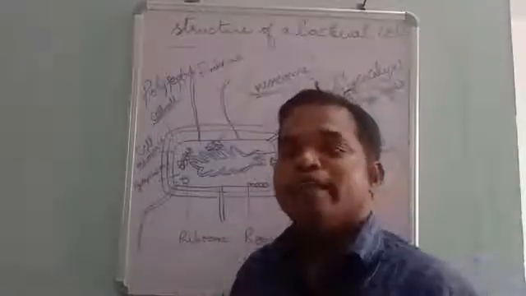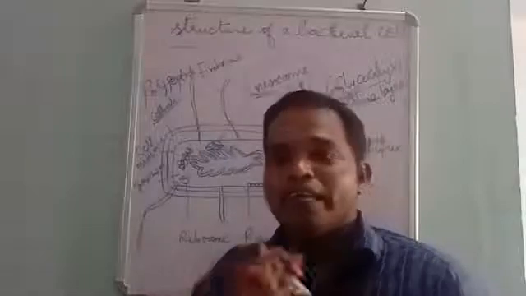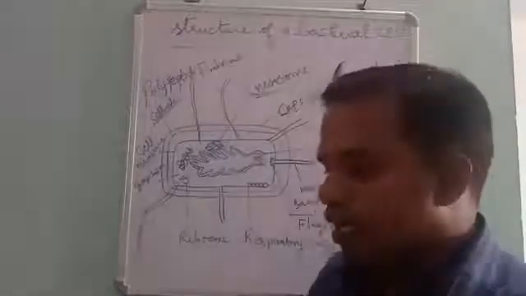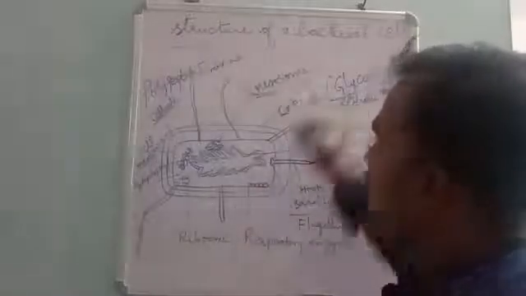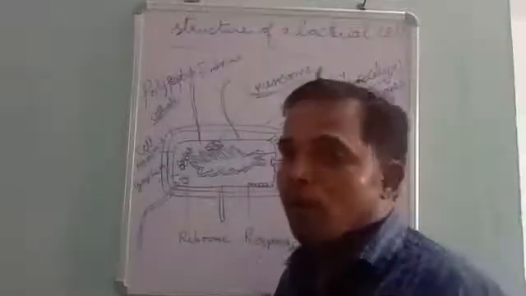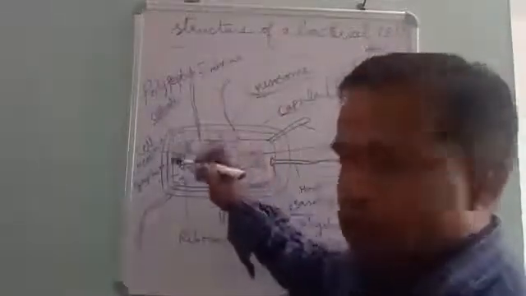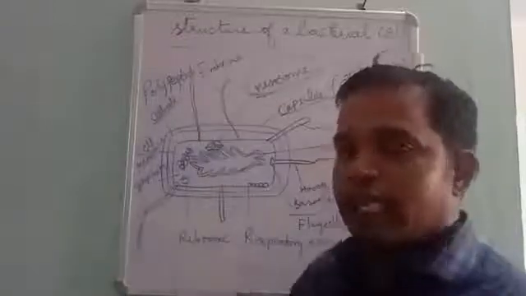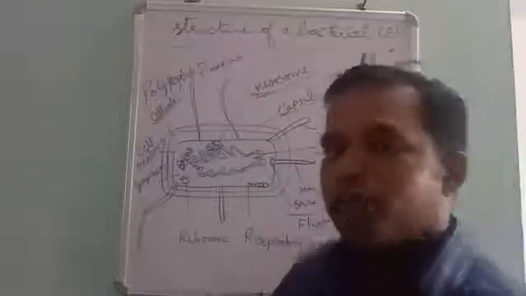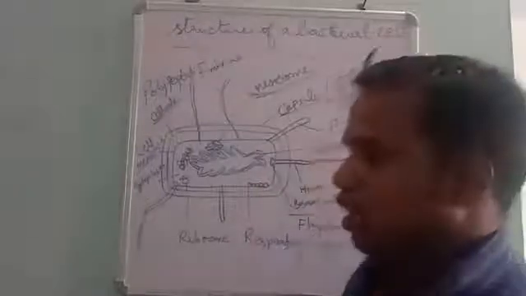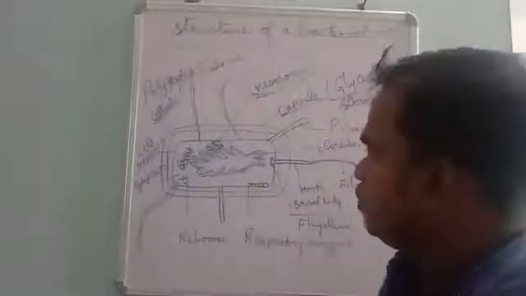Along with that, the respiration and secretion processes are done with the help of the mesosome. So this is the fundamental and vital role of the mesosomes. Okay, clear? So this is the mesosome.